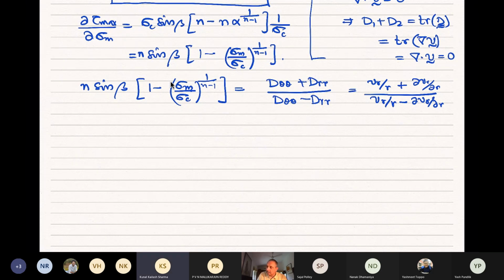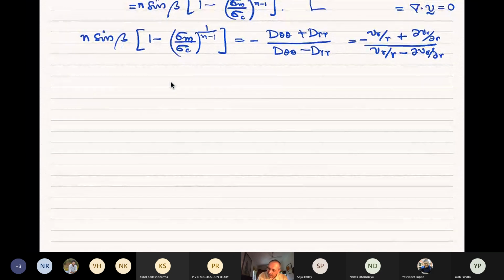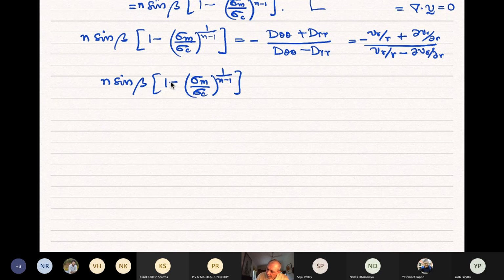Sir, there is a negative sign missing, right here. This is a minus sign here. You're right. So this is what you get, and so you can write. I'm going to write this one more time. So this is one equation.